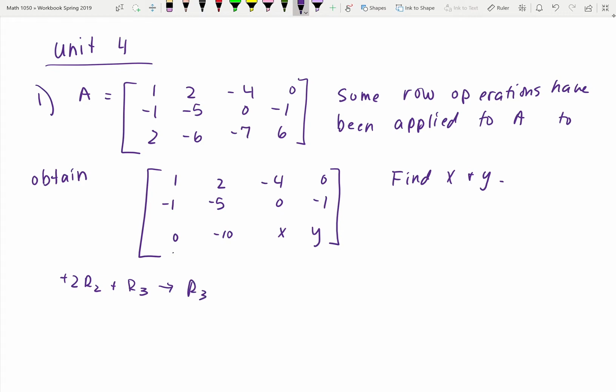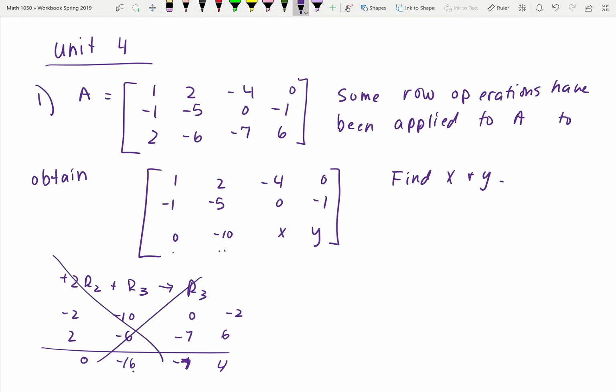So let's see if that puts a 0 there and a 10 there. If you go 2 times row 2, you get negative 2, negative 10, 0, negative 2. And then put row 3 right underneath it. Add those together and you get 0, negative 16, negative 7, 4. So I know that's not it because that's not a negative 10. So that was not the right option.